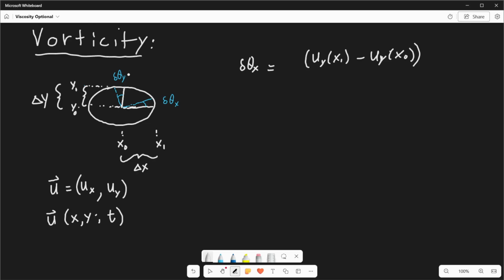If they're both moving up at the same rate, for instance, it's not actually going to rotate. But if there's a difference in velocity, like this velocity at x1 is faster than this velocity at x0, then there's actually going to be a separation. So this line here will actually rotate. And how much it separates, of course, depends on the difference between the velocities and then the delta t term.